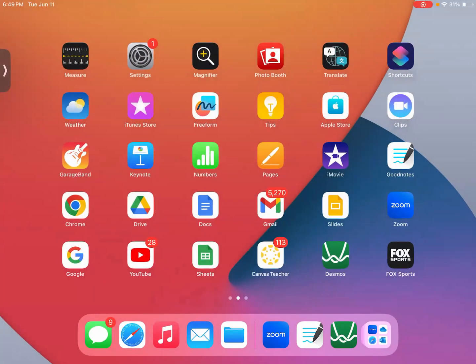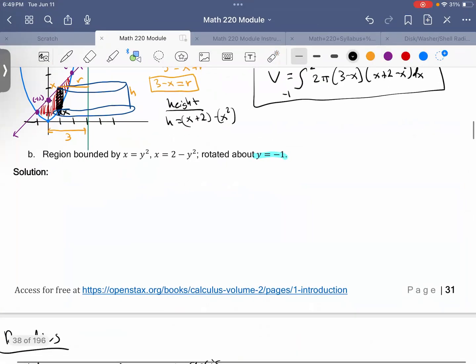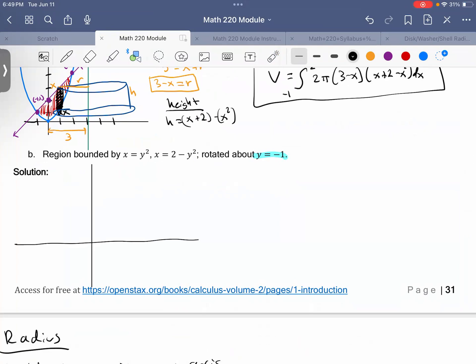Let me draw this here. We're really going up to 2, ideally. Let me make it a little bigger. 1, 2.